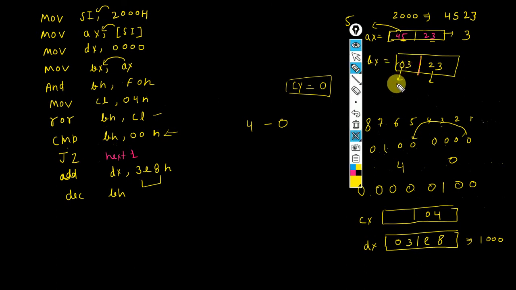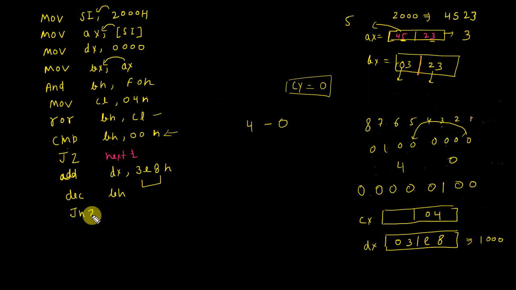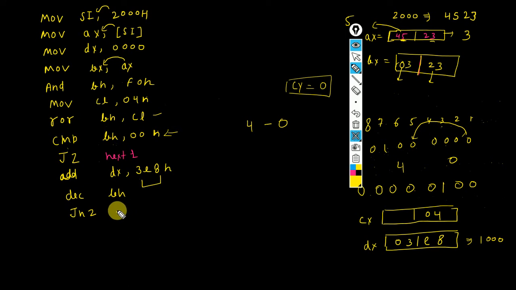Okay, so move to the next instruction. The next instruction is JNZ loop1. So this is the next label, loop1. Loop1 is the next label. So here the instruction is JNZ loop1.